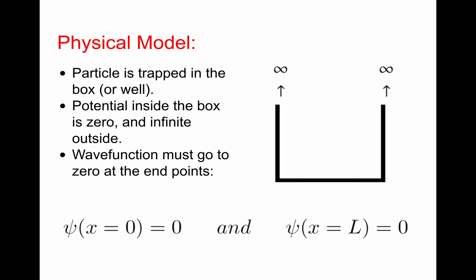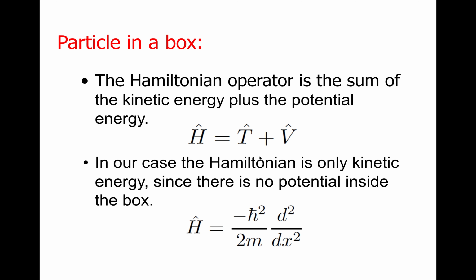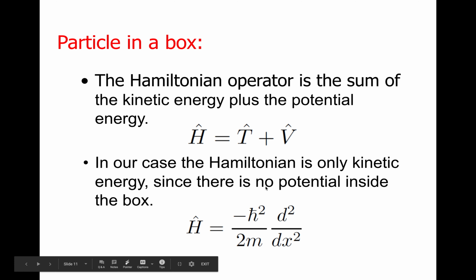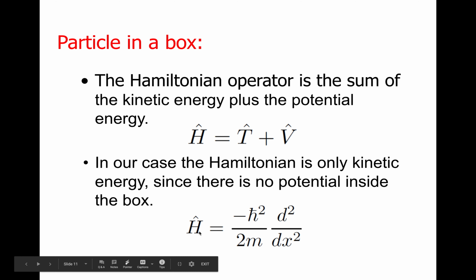Again, the potential at the walls goes to infinity, but inside, there's 0 potential. That's our justification. And thus, this is our kinetic energy operator, minus h bar squared over 2m, second derivative. Since the potential portion is 0, our Hamiltonian just becomes the kinetic energy operator.